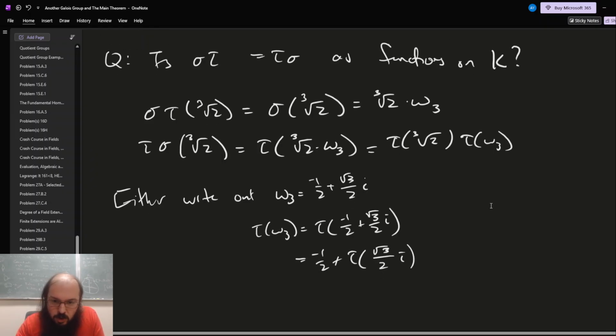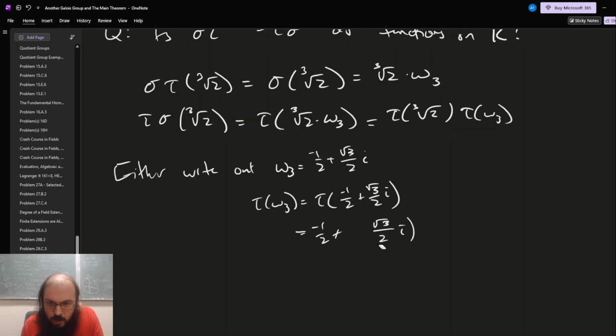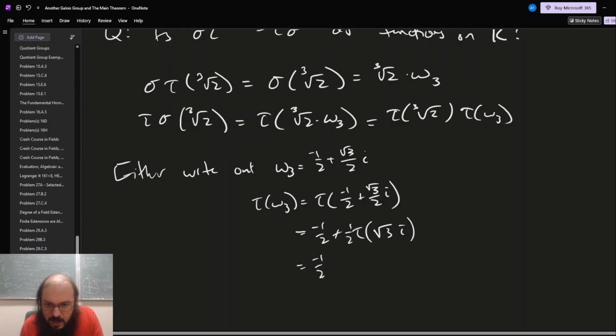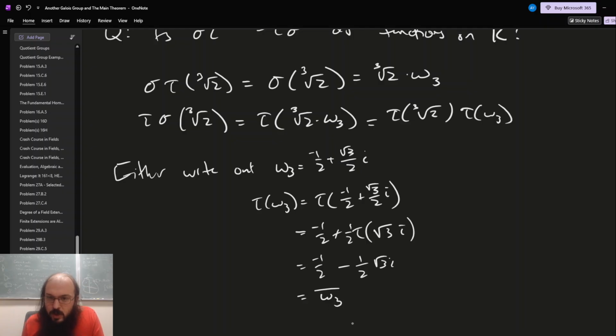And in fact, it also respects multiplication, so the 1/2 can come out. And then we know on this thing it acts by flipping the sign. And so this is complex conjugation, which is what I said it would be.